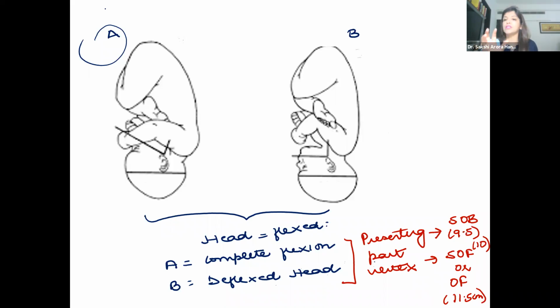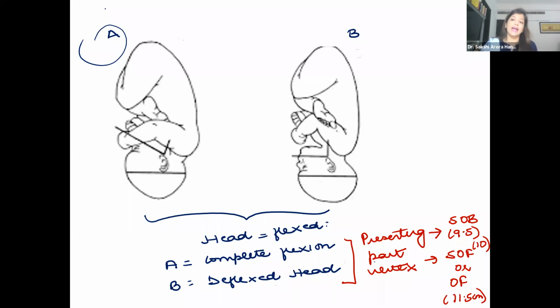So although the presenting part is vertex, in a deflexed head, the engaging diameters are larger than in a completely flexed head. That is why in a deflexed head, engagement happens a little later. So suppose I just now told you that in a primigravida female, engagement is going to happen at 38 weeks, right?